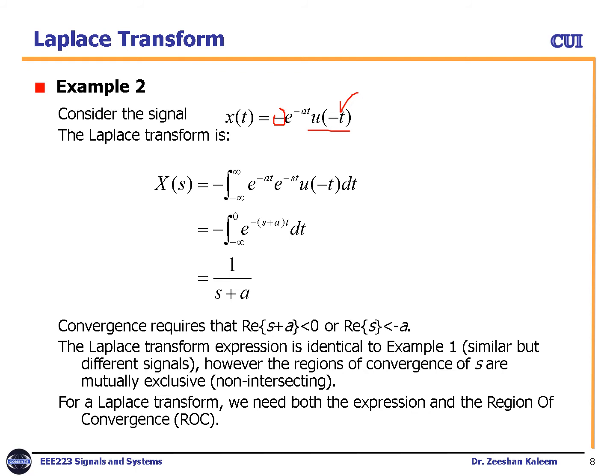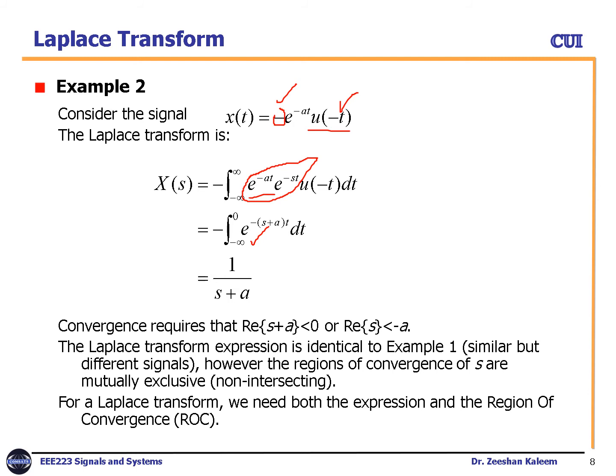We take this minus outside the integral, from minus infinity to infinity, e to the minus a t, e to the minus s t, and u(minus t). As it is u of minus t, its range will be from minus infinity to 0. The direction will be opposite. So minus infinity to 0, and just combine these two terms, taking the negative sign common. We will get e to the minus (s plus a) t dt.